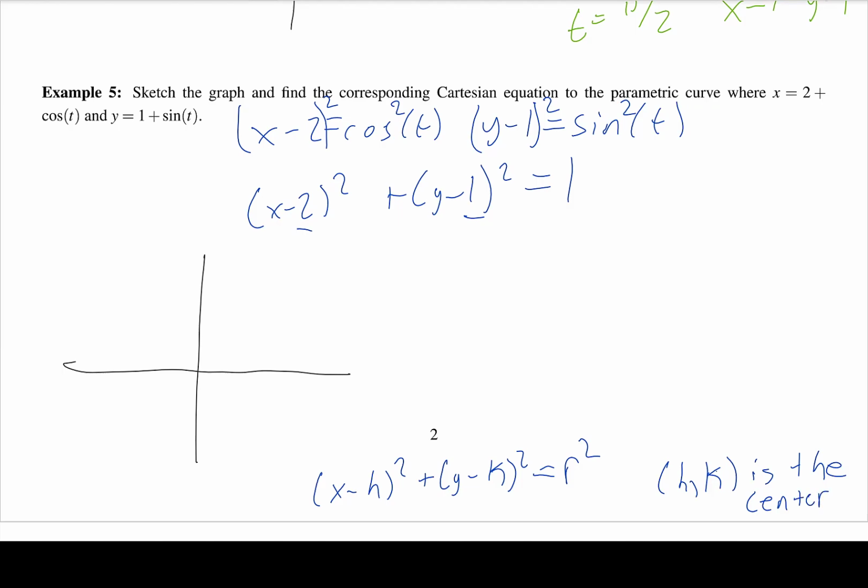So I need to go to 2, 1. That'll be my center. So I'll have a point here, a point here, here, and here.